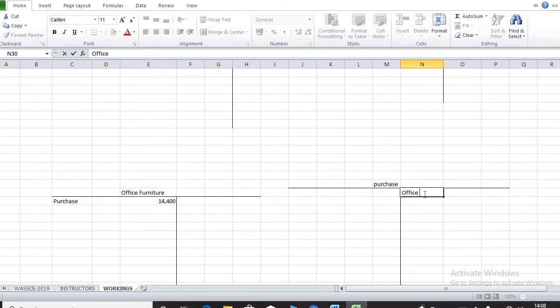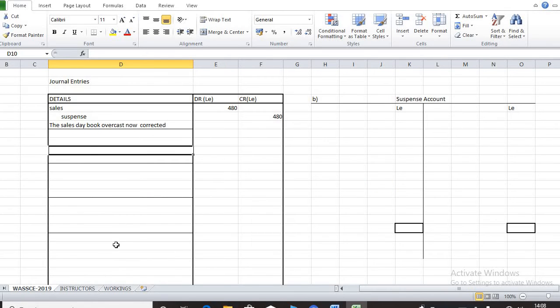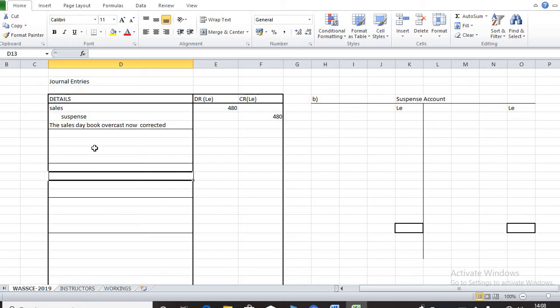Office furniture, with an amount of 14,400. When you are done with the rectification in the T account, you have to post it from the workings to the actual solution, which is requirement A, the journal entries. In writing the journal entry, I said the account debited should be written first.